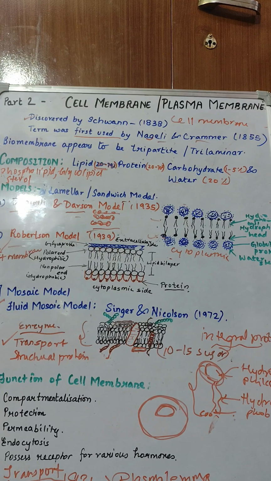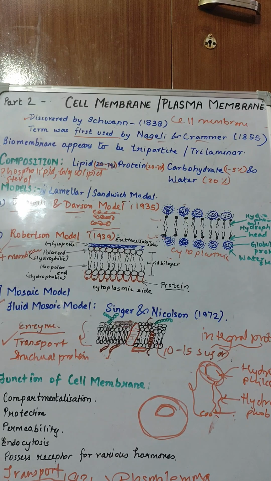And by unit membrane, he worked on the plasma membrane of RBC under the electron microscope, and he gave the concept of unit membrane, which means that all the cytoplasmic membrane has a similar structure of 3 layers.